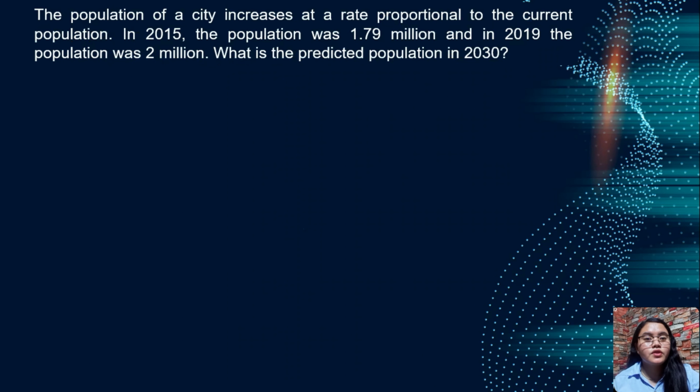Okay. So first, we will identify the given values. We have x, the population, as 1.79 million, and t is 0. So using the formula we derived a while ago, we will plug in all the values.